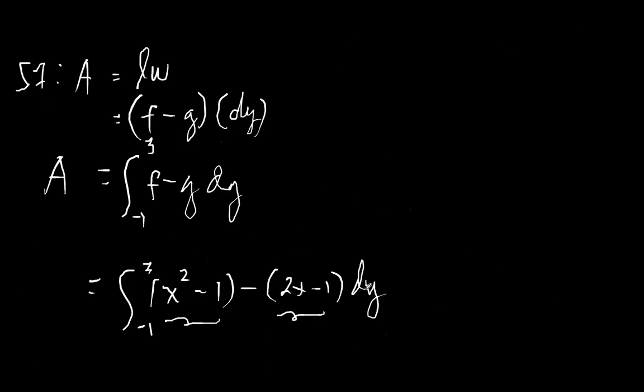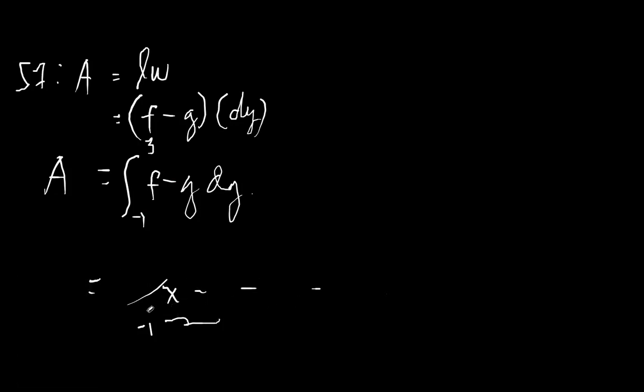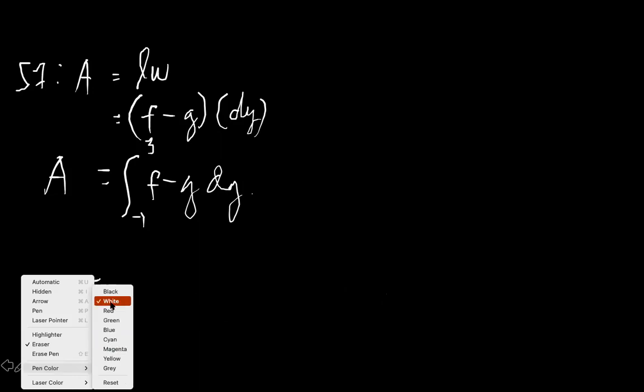We're going to change this in terms of y, because we are talking about dy, and we are using a horizontal rectangular strip. I almost forgot that. You will be reminded by writing dy along the process of the solution.